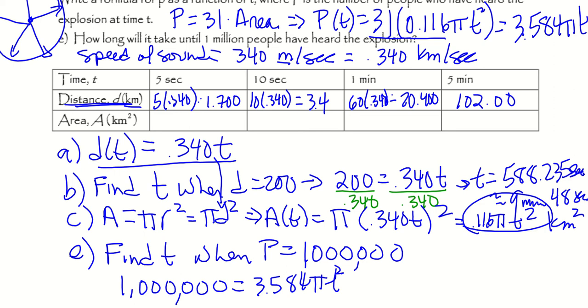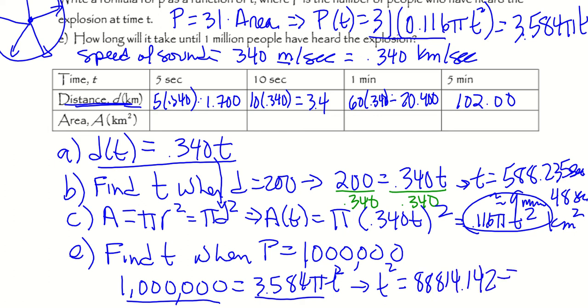And to solve that for t, we would divide by this, so we would get t squared equals 1 million divided by that, which gives me 88814.142. Take the square root of both sides, and I get that t is about 298.017 seconds, which is almost 5 minutes, a little under 5 minutes.